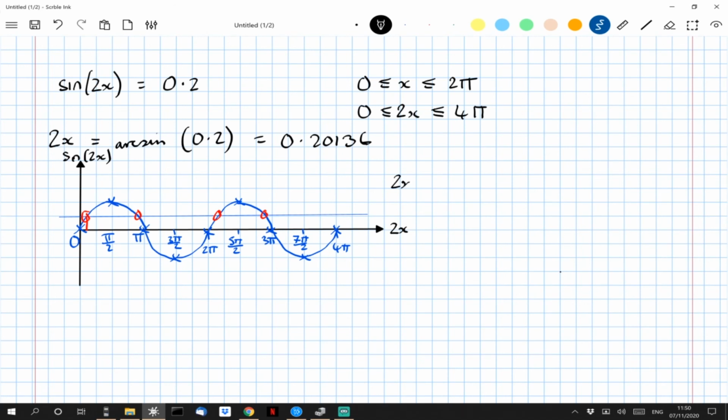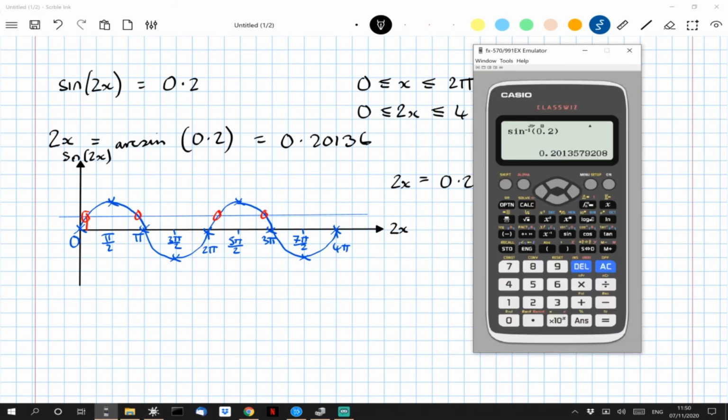So we've got 2x equals 0.20136. And we've got pi minus that. So pi minus that answer, 2.9402.